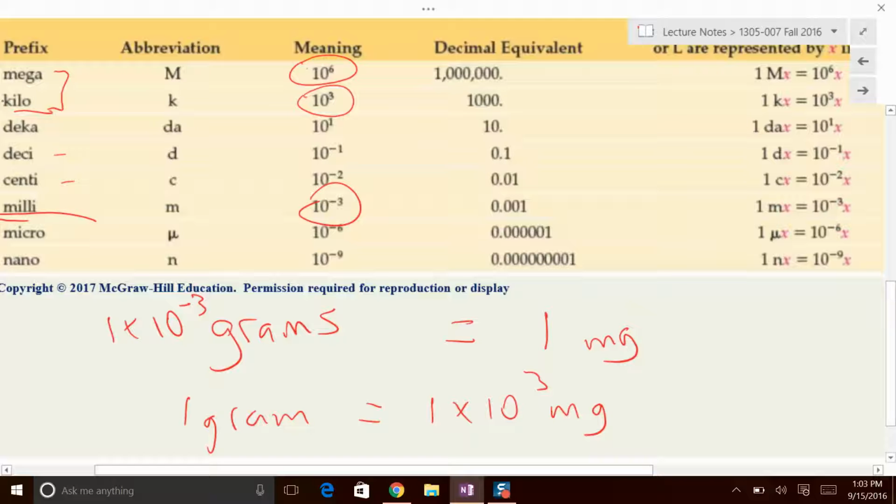You need to remember there are 1,000 milligrams in a gram, or 1,000 milliliters in a liter, so that you can set up your conversions correctly. There are 1,000 grams in 1 kilogram.